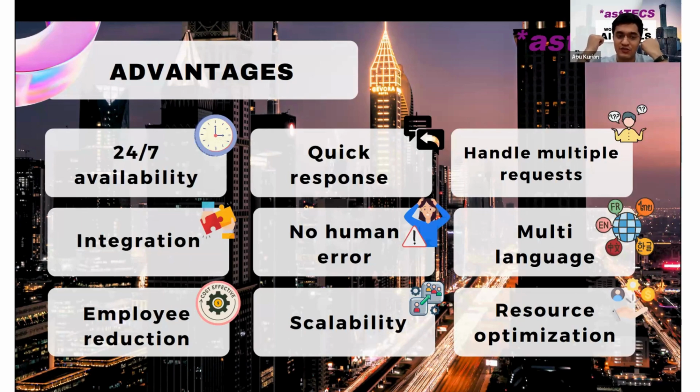Now, employee reduction. This is very hard, but it is what it is, where you will have an employee reduction. In the next slide, when I go to it, I will show you a cost comparison also, on why organizations might have an employee reduction. But the whole objective is to optimize the process.